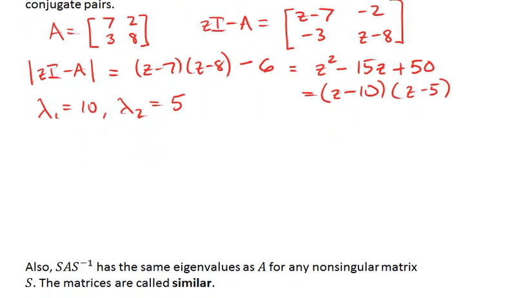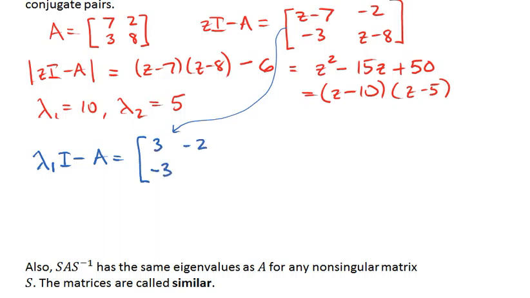If we want to, we could then go on to find an eigenvector. For example, if we take lambda 1 I minus A, so we put 10 into that matrix, we get 3, -2, -3, 2.